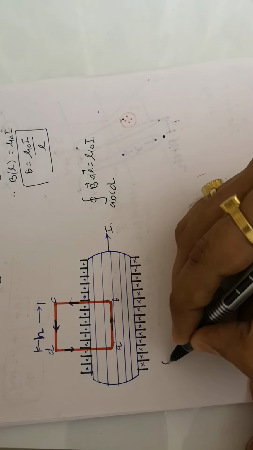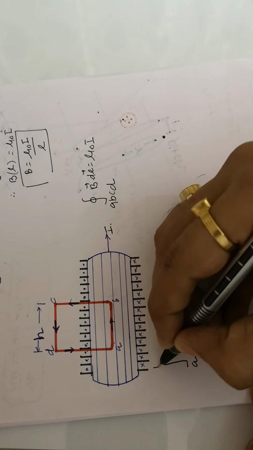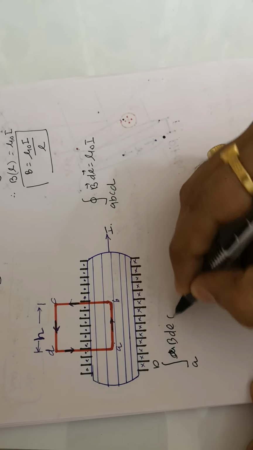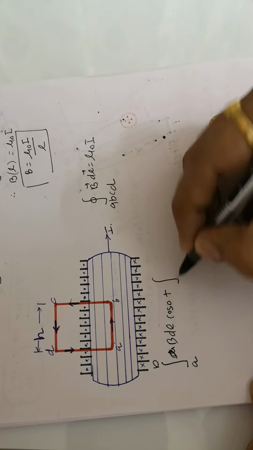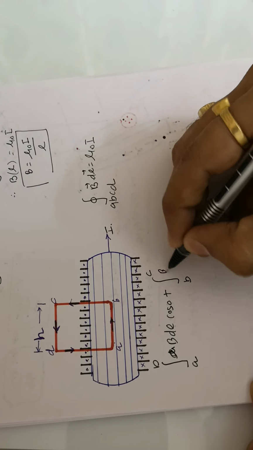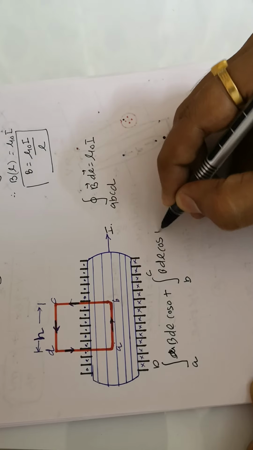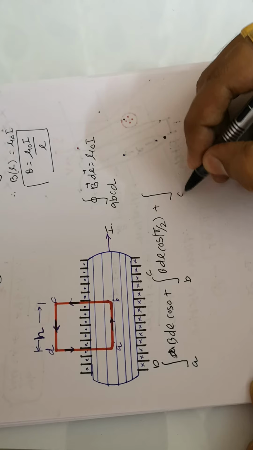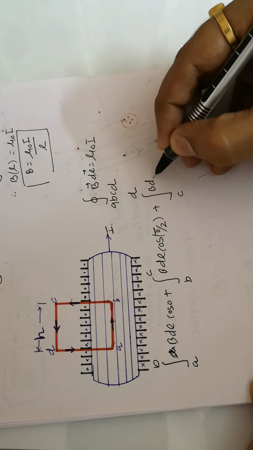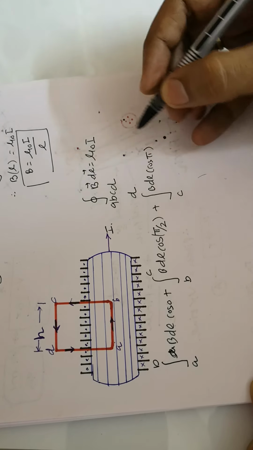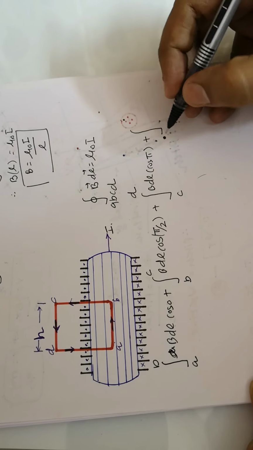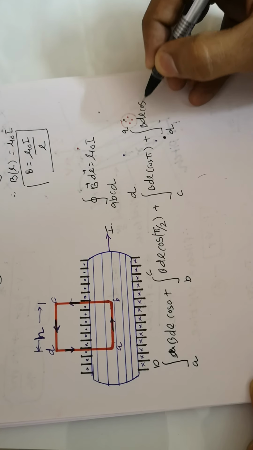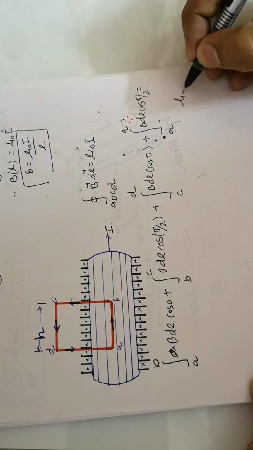First of all, I am saying that my current is passing from A segment to B segment, and I am putting first integration of B dl cos 0, plus integration from B to C of B dl cos pi by 2, integration from C to D, also B dl cos pi, plus integration from D to A, again B dl cos pi by 2, equals mu naught I.